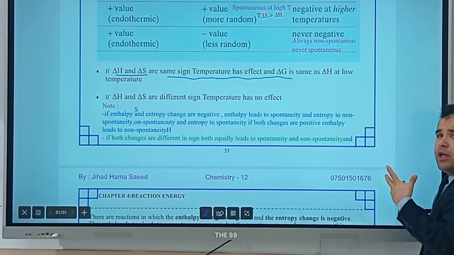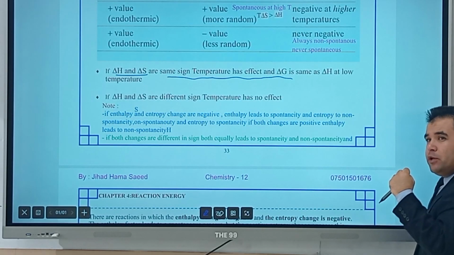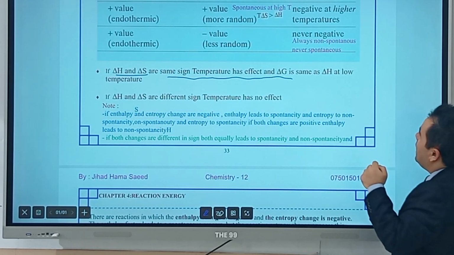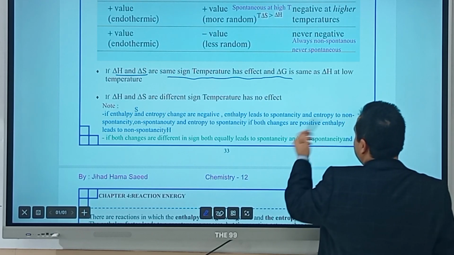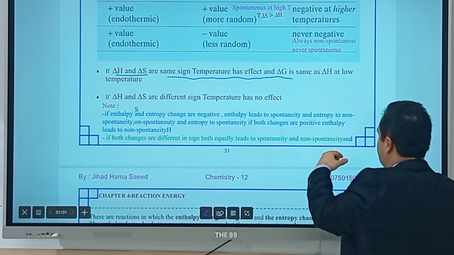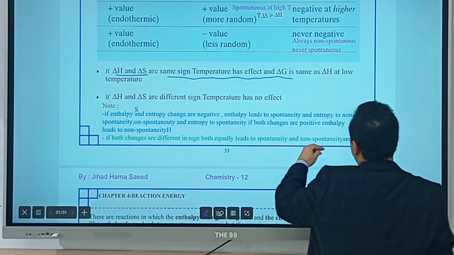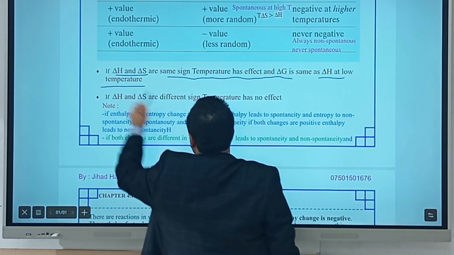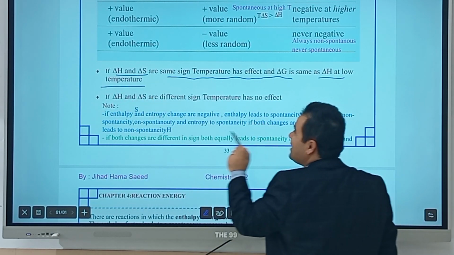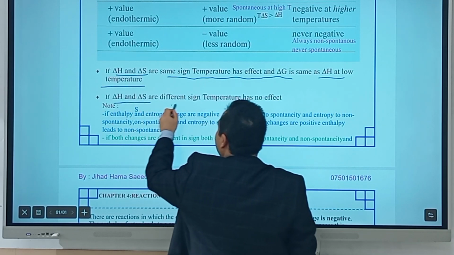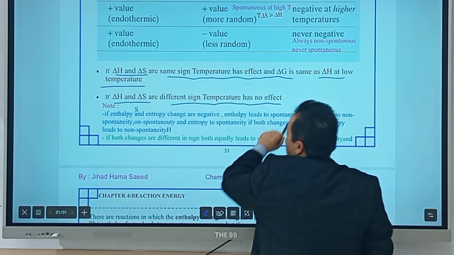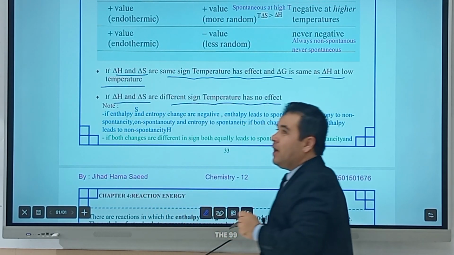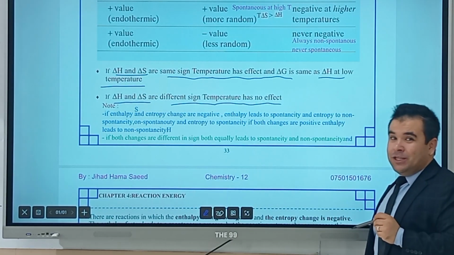If their signs are the same, temperature in that case has an effect, and it determines whether at high temperature or low temperature delta G becomes positive. It is the same as delta H at low temperature. If delta H and delta S have different signs, temperature has no effect on the delta G.